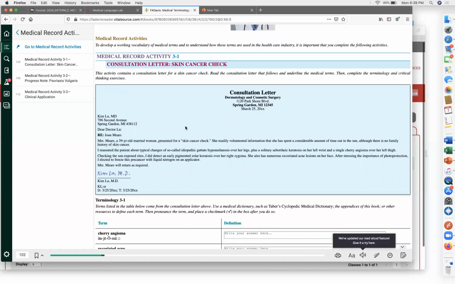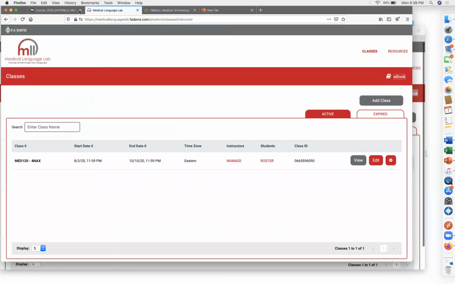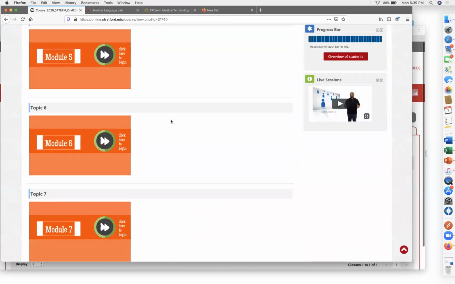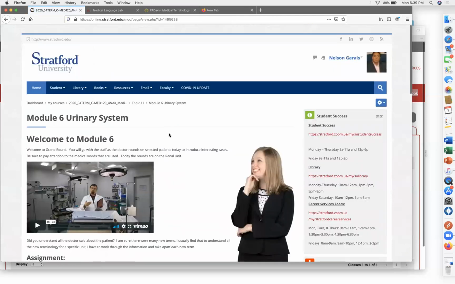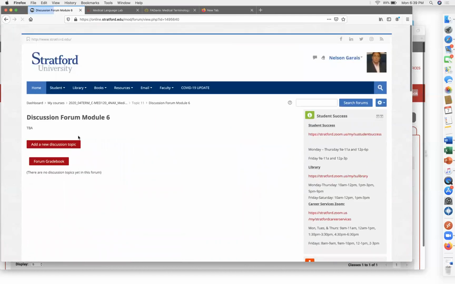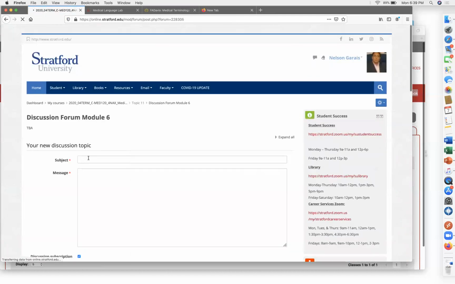And now that you have some of these examples for this week, we're in module 6, I believe it's urinary. Yep, we're in the urinary system. So due next week, the discussion forum is, let's write it out.